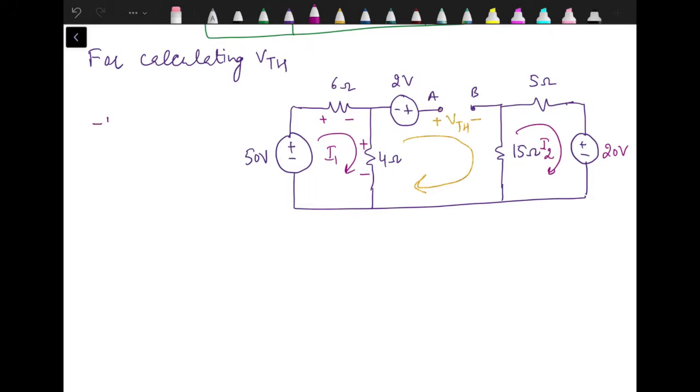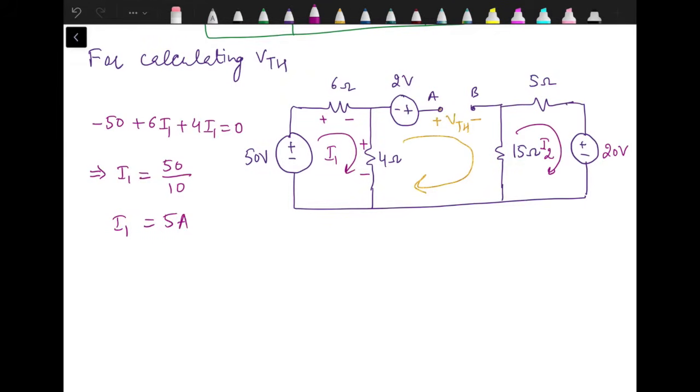So minus 50 plus 6 I1 plus 4 into I1, since the current through the other mesh is 0 as it's an open loop. So from here we get the value of I1 as 50 by 10, that is 5 amperes.